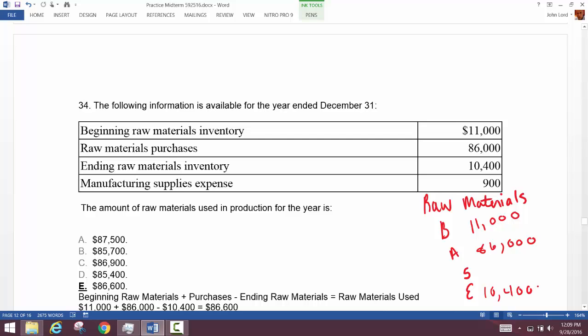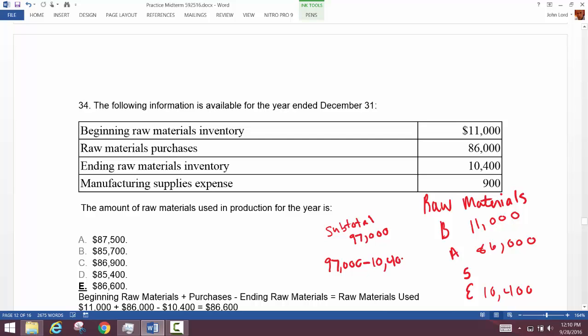Isn't this exciting? Okay, now you're going to have to do some calculating for my subtotal. Good. Subtotal is going to be this 97,000, which you just took the 11,000 beginning balance plus the adds, right? Okay, good. So you got a subtotal of 97,000. Then what are you going to do?